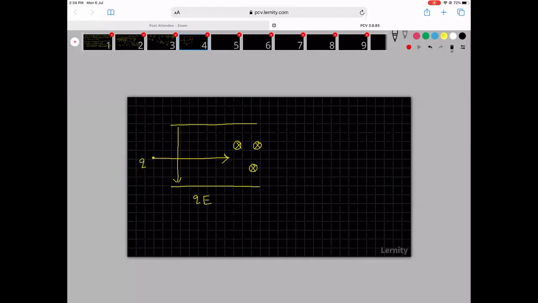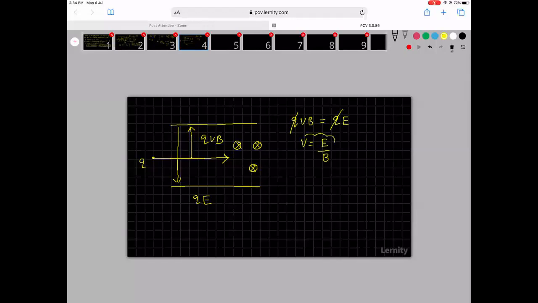For this velocity, if you do Q into V cross B, the force will come in the upward direction. So on the charged particle there are two forces, QVB and Q into E. Now if these two are equal to each other, Q gets cancelled, so V becomes E by B.